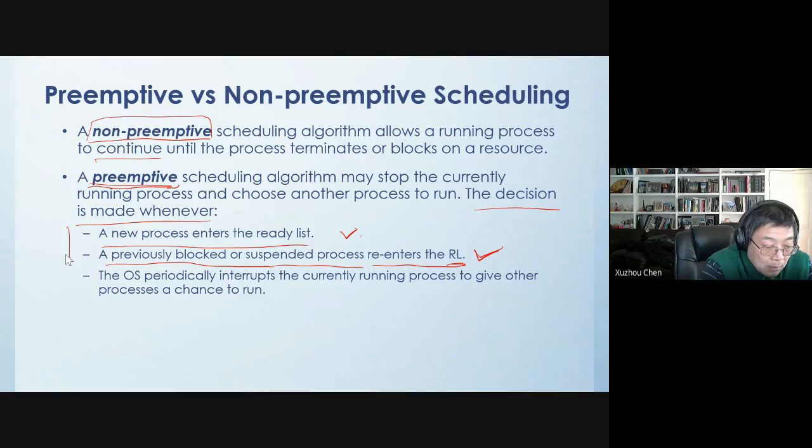Now the third case, which is more popular and widely used in modern computer systems, is that the operating system periodically interrupts the current running process to give other processes a chance to run.